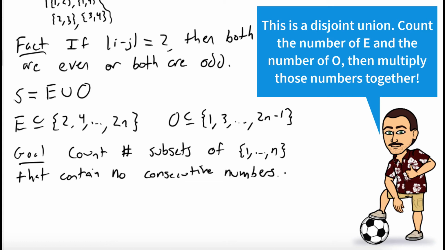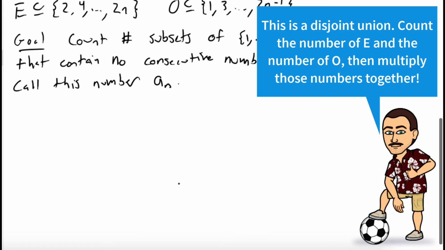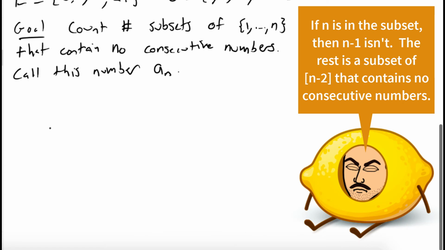And that's the same thing as the even subsets containing no elements that are 2 apart. Let's call this number a sub n. And now let's find a formula for a sub n. Once we find the formula for a sub n, we'll square that to give us our answer. Right? We square it because it's even times the odds.